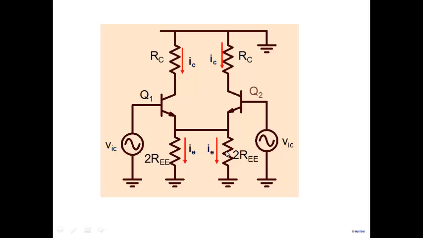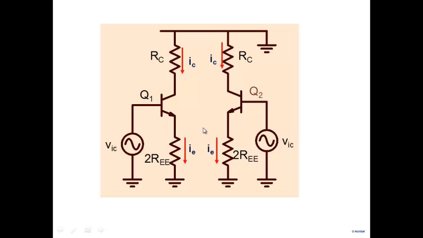Now I split it into two resistors, and from symmetry I know a current IE should flow here and a current IE should flow here. No problem so far. I'm using symmetry here. If this is true, what is the current here? IE. And what is the current here? IE. What is the current in this? 0. So if the current is 0 in this branch, I can open it. I can remove this. If the current is 0, whether I keep it or remove it, it doesn't make a difference.